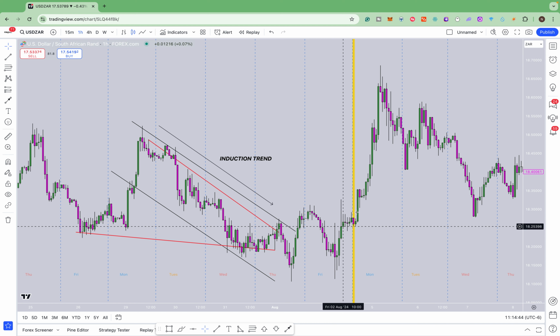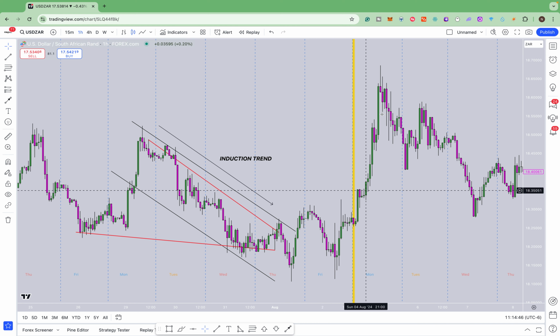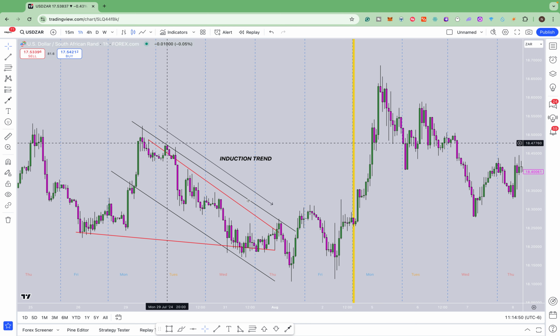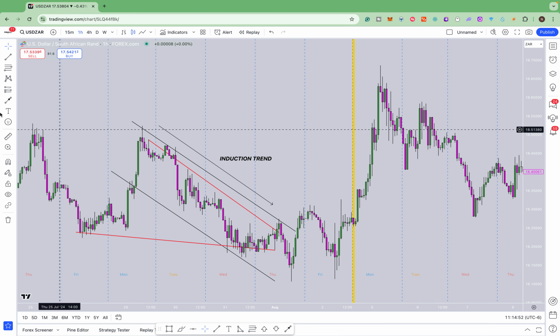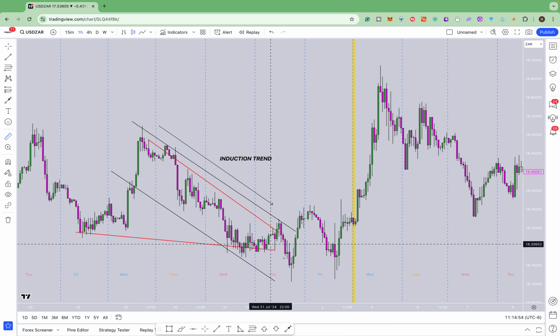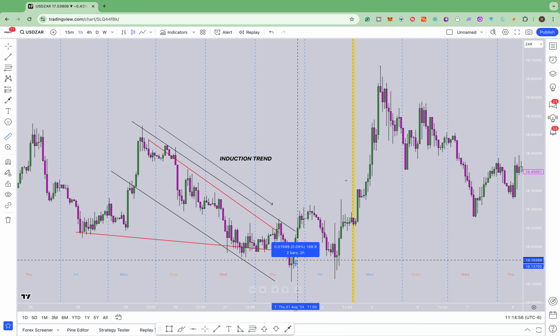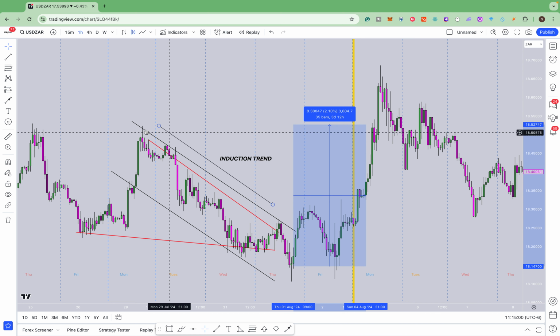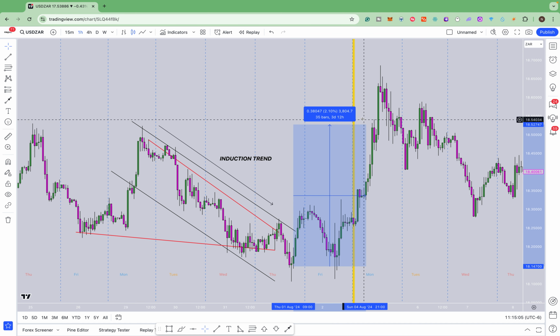And then they used the next week, Monday, to completely demolish all of the traders that got induced by this induction trend. So if you bought off of these lows and rode it up until the high of this trend this week, that is over 380 pips.